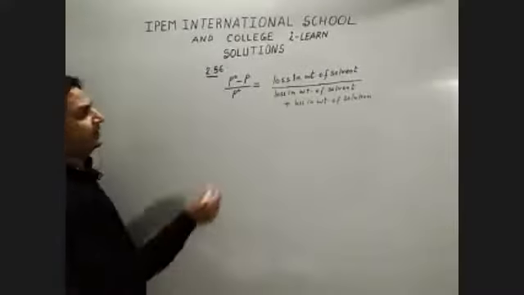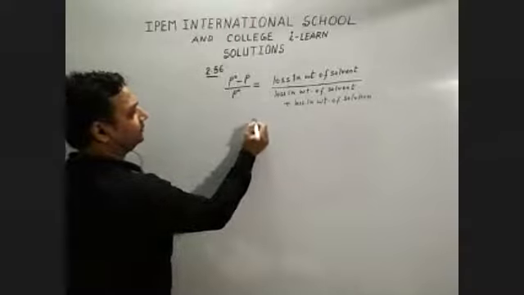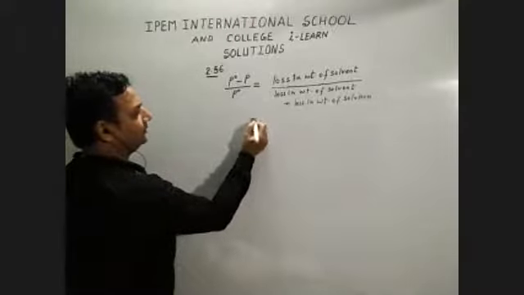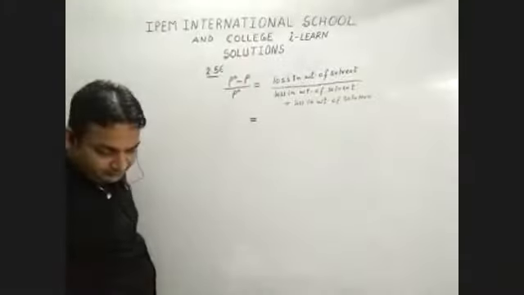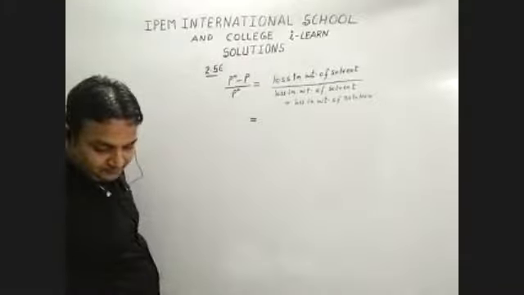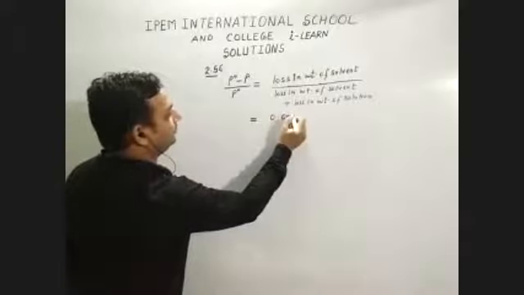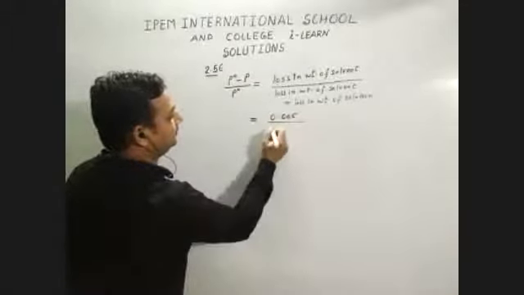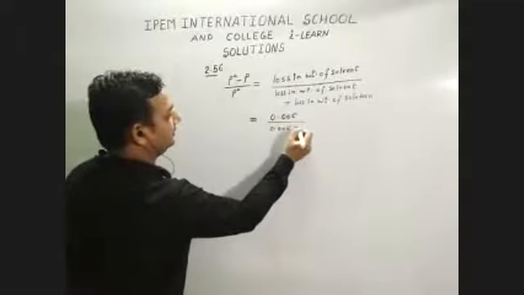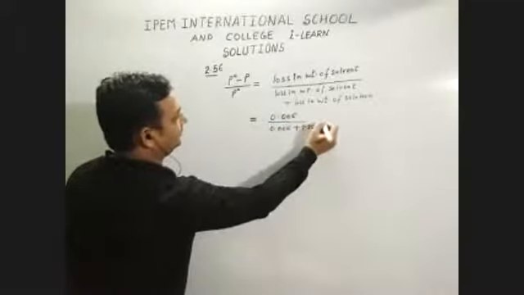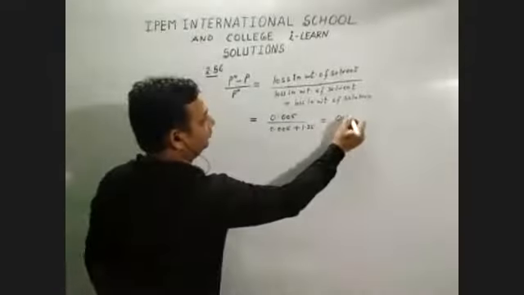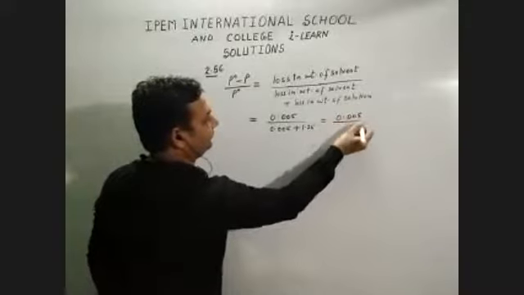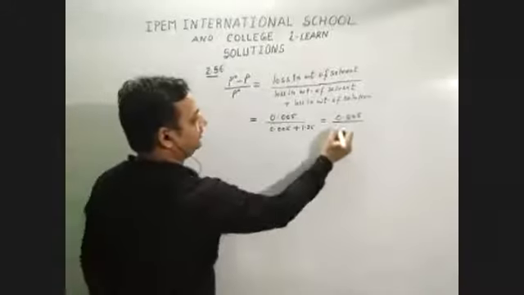Now what they have given: relative lowering of vapor pressure will be loss in weight of solvent, how much they have given, 0.005, upon 0.005 plus 1.25, which becomes 1.255.